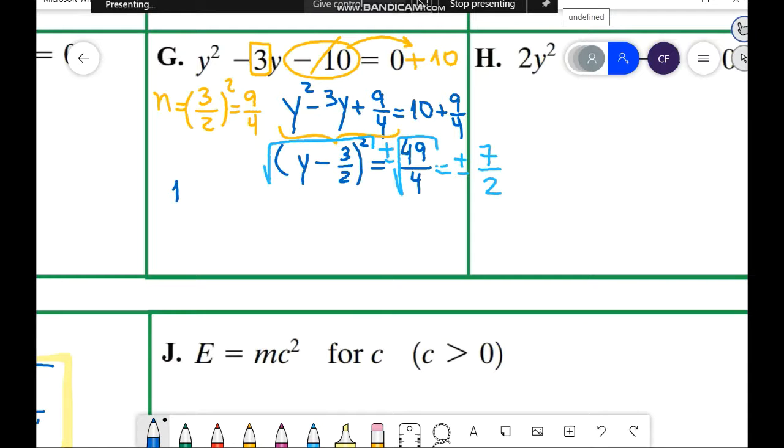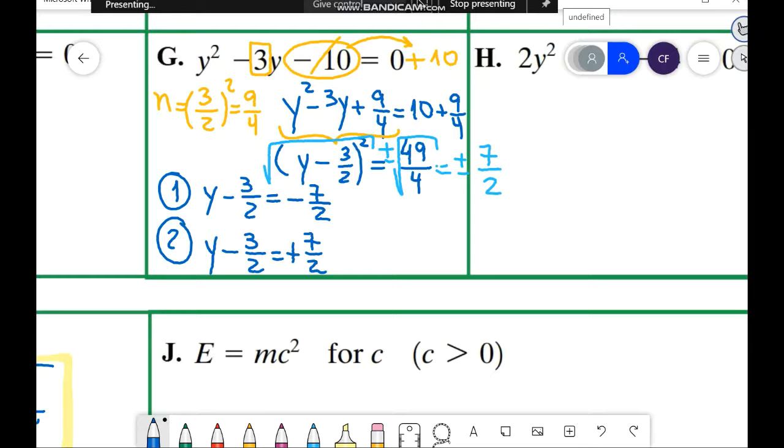I know you don't like to work with fractions, but sometimes you have to work with fractions. Y minus 3 over 2 equals negative 7 over 2. Y minus 3 over 2 equals positive 7 over 2. Move this to the other side, and I have positive 3 over 2. Move this to the other side, and I have positive 3 over 2.